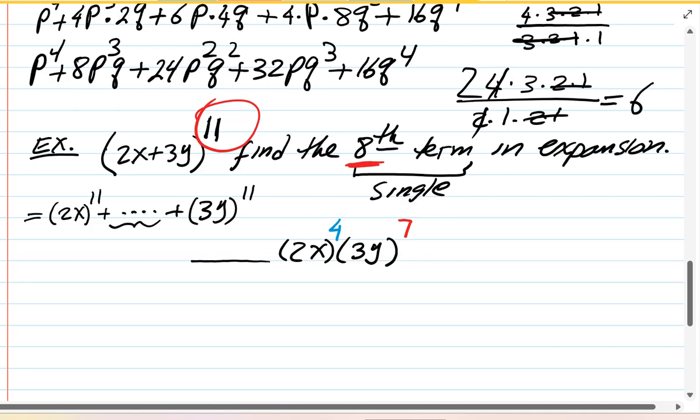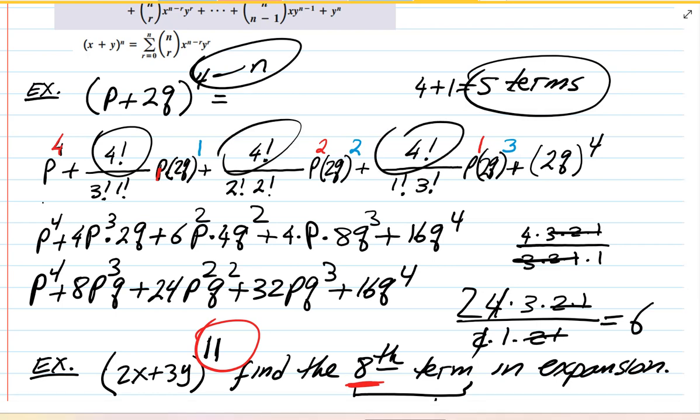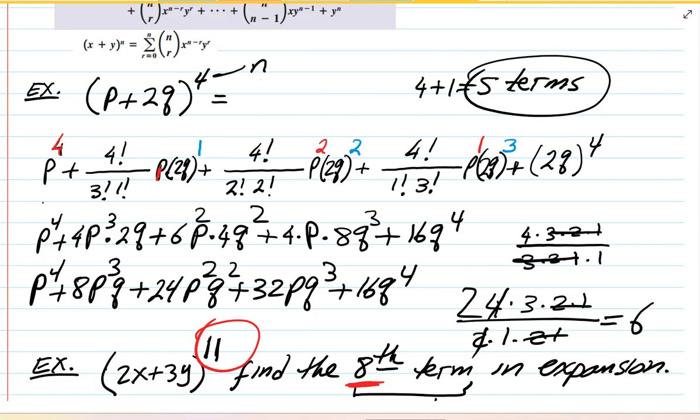In front, there's going to be a fraction. Every term other than first and last, there's going to be a fraction ahead of those products. What do you think the numerator of the fraction is going to be? Remember for my example, n was 4. Look at the numerators. They're all 4 factorial, in other words, n factorial.